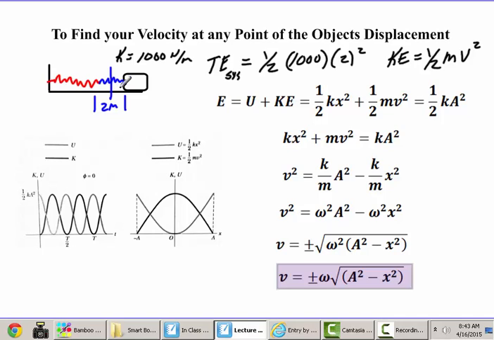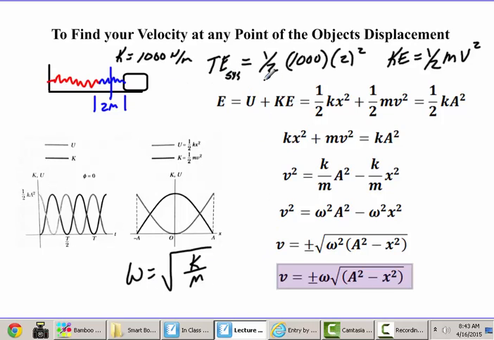Yes? But remember, omega is going to equal nothing more than the square root of k over m. So if you know the spring constant and you know the mass, you can always find omega. Does that make sense to everybody?